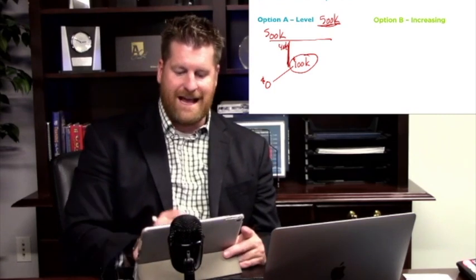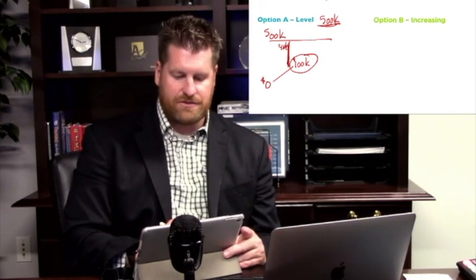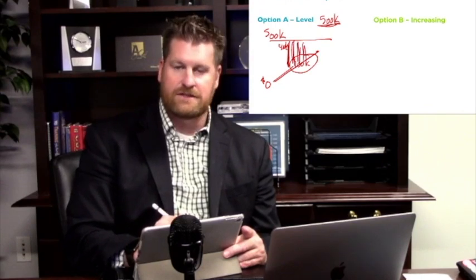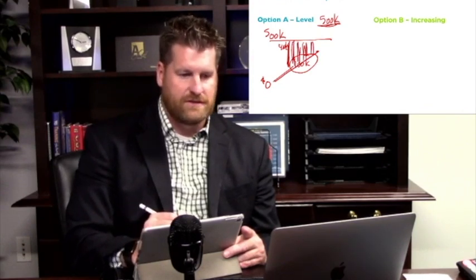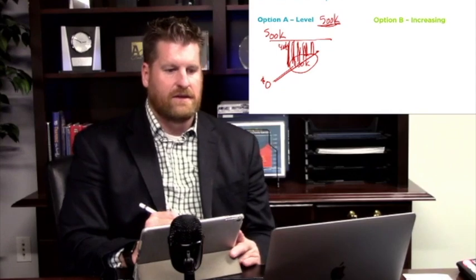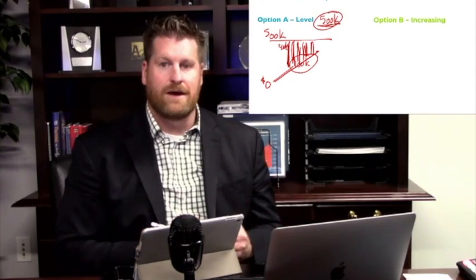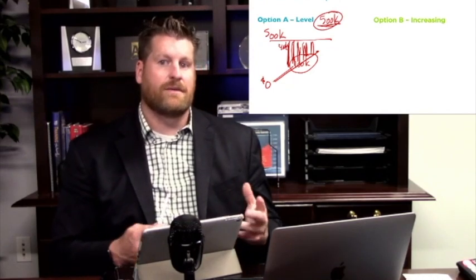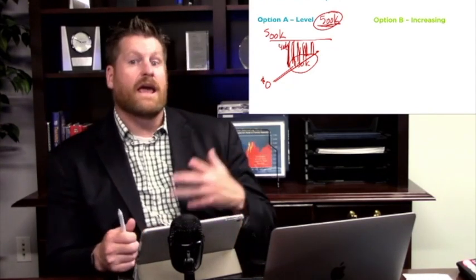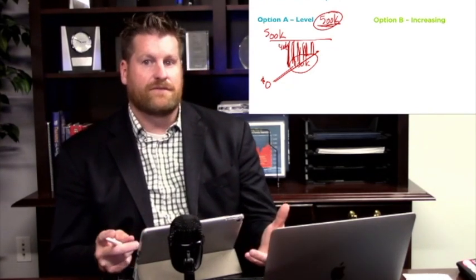The way option A works is that as your account grows, you're buying less and less total insurance. So even though the payout equals the original level amount, you're really getting a combination of your cash and a death benefit.